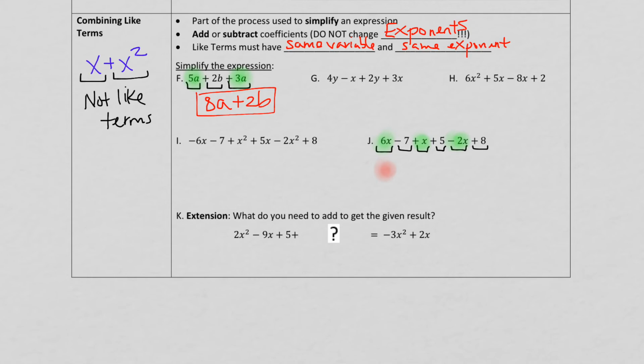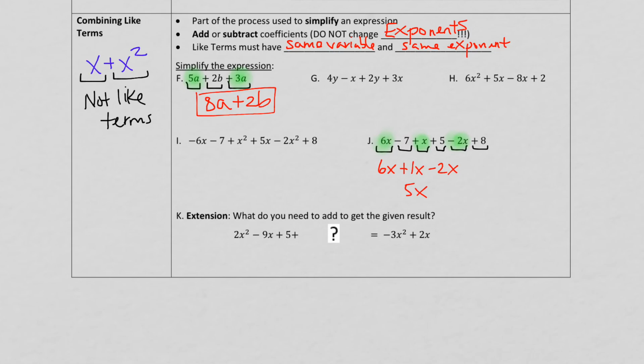That's all going to be 6 plus 1 is 7. 7 minus 2 is 5x. Notice how I did not change the exponent. So I didn't make this into a cube or a little 3. I leave the exponent the same.